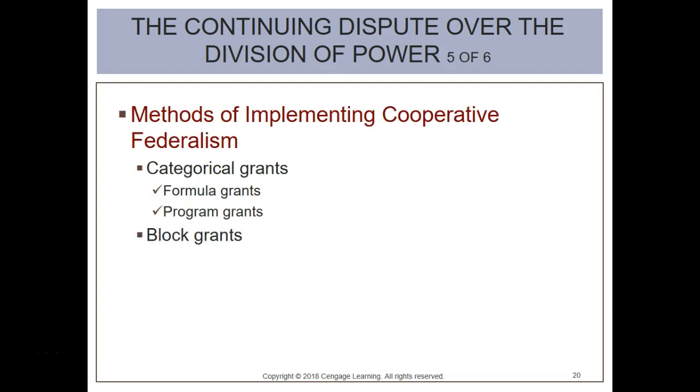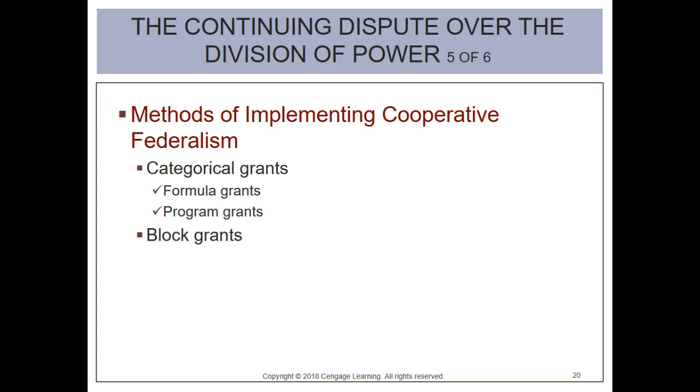So cooperative federalism, there's a couple of reasons why states want to go along, because they get grants. Categorical grants specifically are for state or local programs given by the federal government.